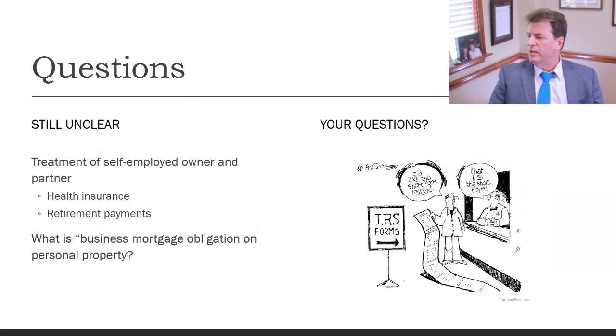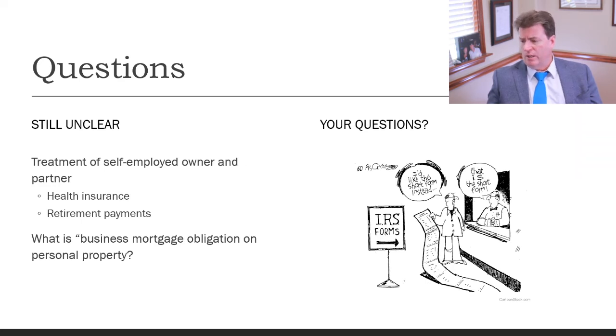There are some things that are still a bit unclear in what I've read. The first is the treatment of self-employed owner and partner health insurance and retirement payments. It seems they're not allowed in the same way as they might be for maybe an S Corp owner or an employee.